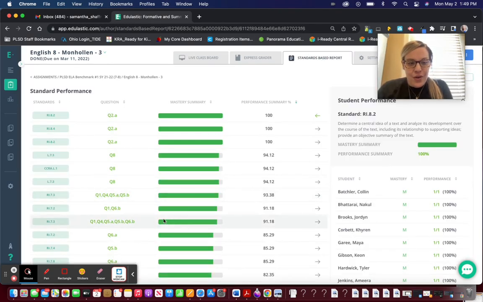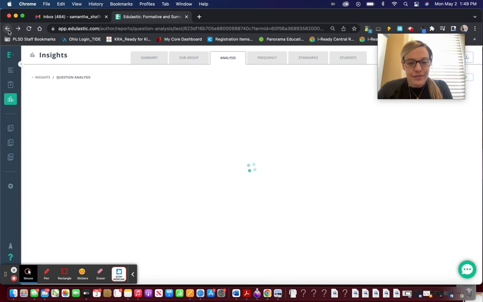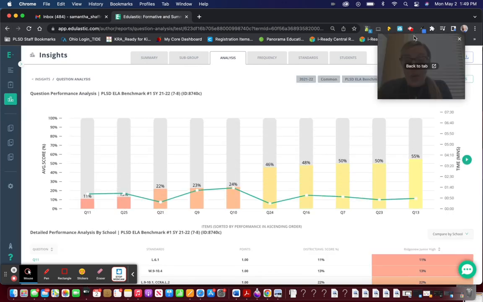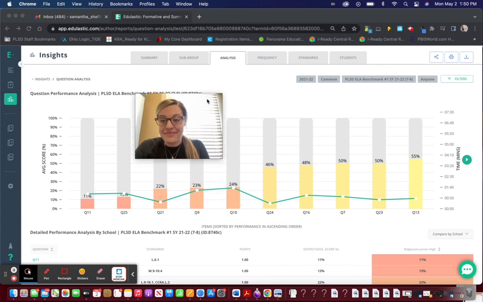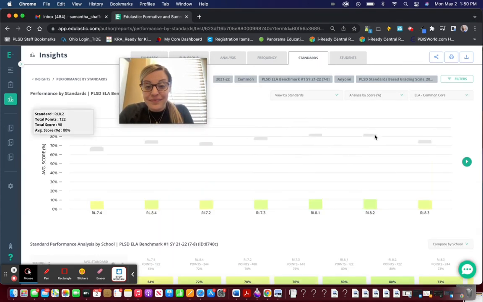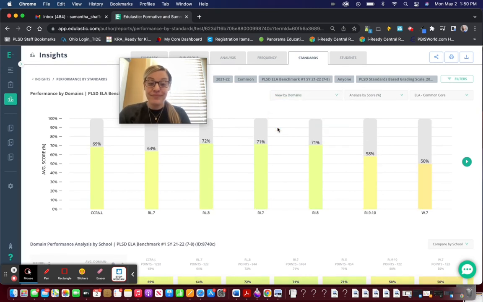So, we're in our standards performance over here. I'm going to go back a little bit, and we're going to take a quick look at the domains.